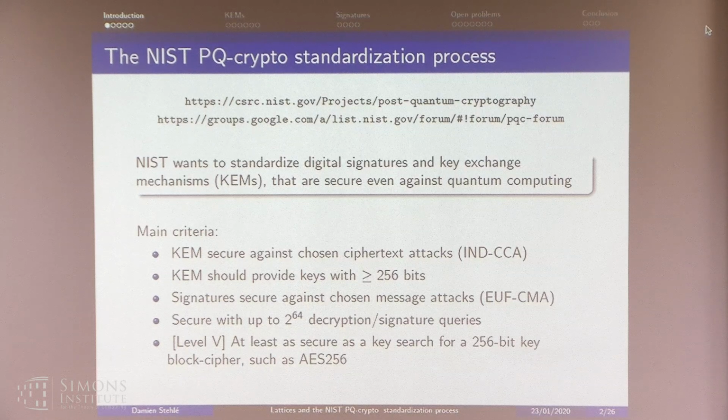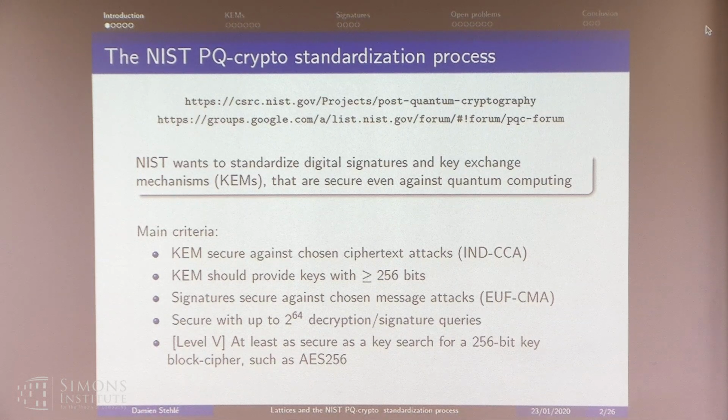So the KEM, the key exchange mechanism, should be secure against CCA attacks, chosen ciphertext attacks. It should allow to encrypt or exchange keys that are at least 256 bits, because the typical use for this would be to combine it with a symmetric key encryption algorithm. Signatures should be secure against chosen message attacks.